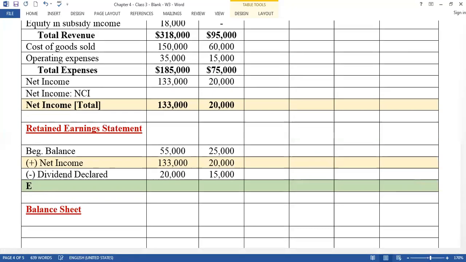Now, ending balance. Beginning balance plus net income minus dividend equals ending balance, and the ending balance is $168,000, and it is $30,000.